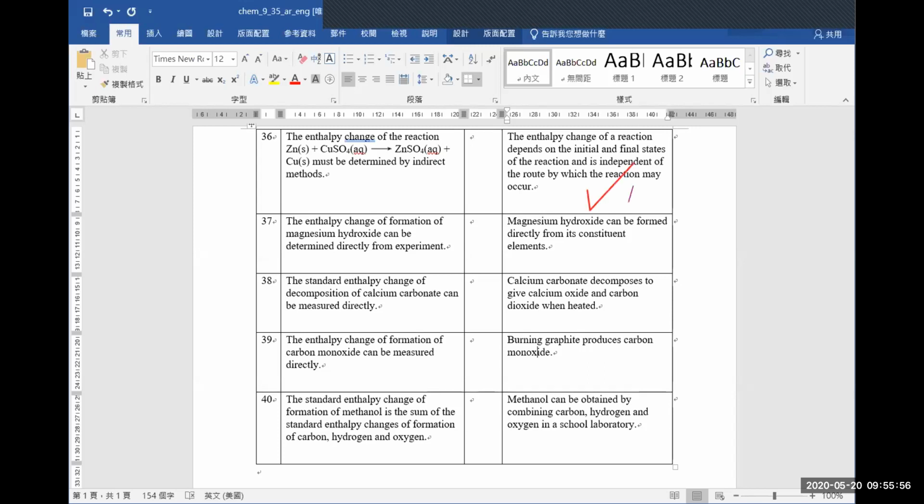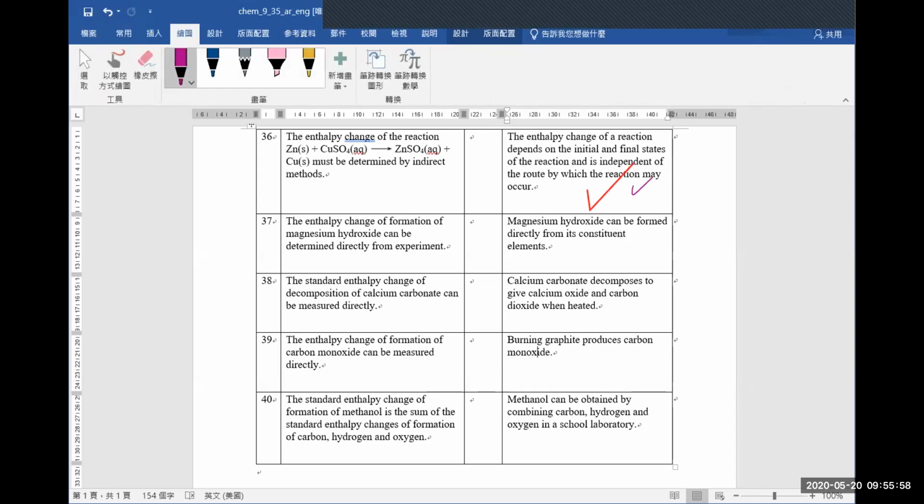The first statement is correct. My second statement is correct. Enthalpy change of reaction depends on the initial state and final state, but is independent of the path. What is that? The description of Hess's law. The definition. This is what I would like you to memorize. How about the first statement? Must be determined by indirect method. Must be? No need.